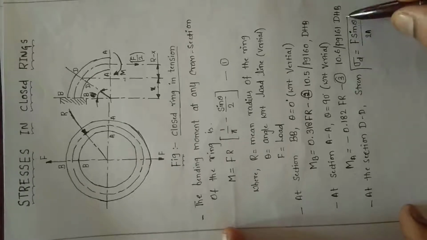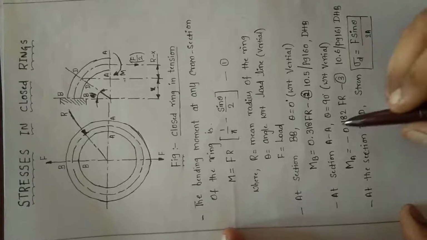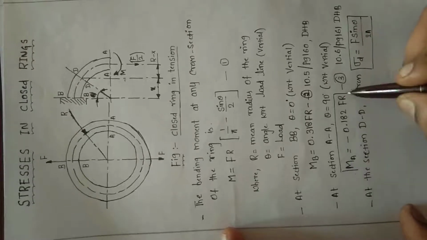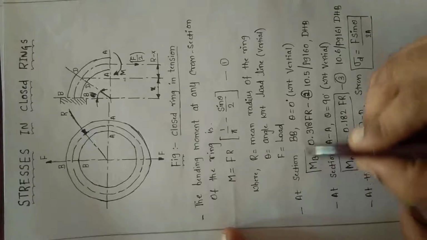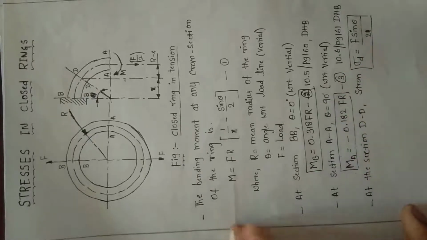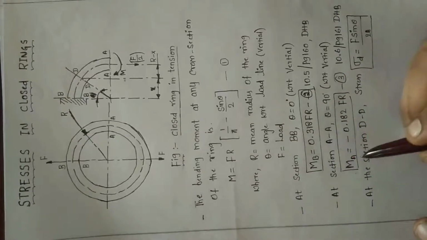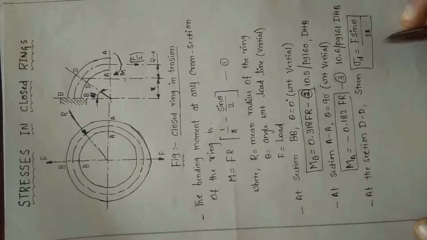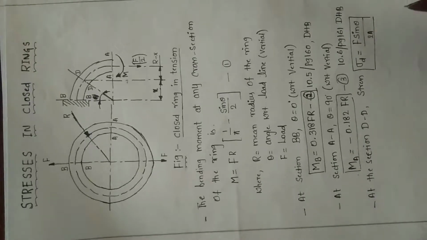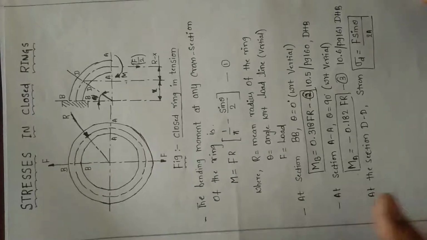Okay, so this is the formula we get for that particular section. So these are the equations we got: moment at section B, moment at section A, and stresses at section D. Fine. Okay.